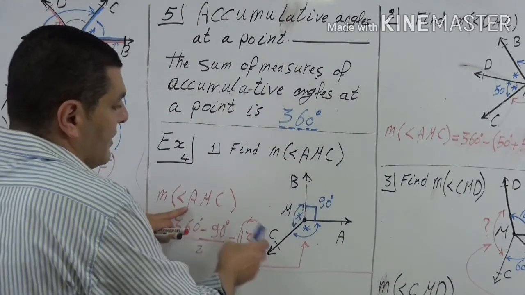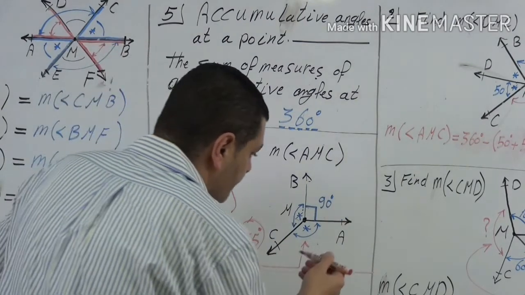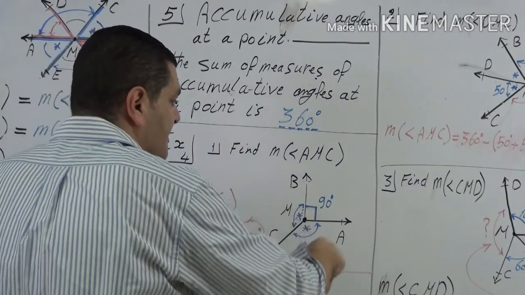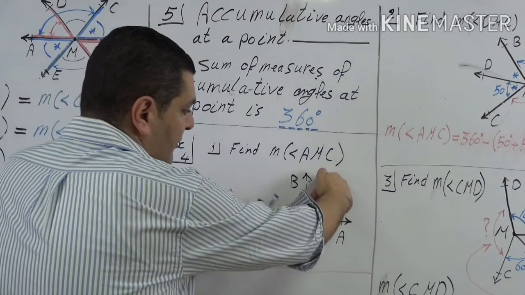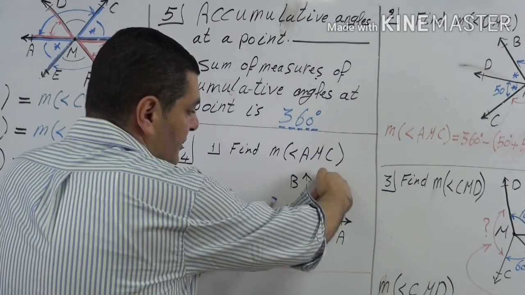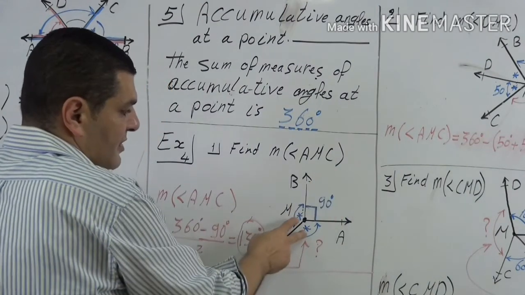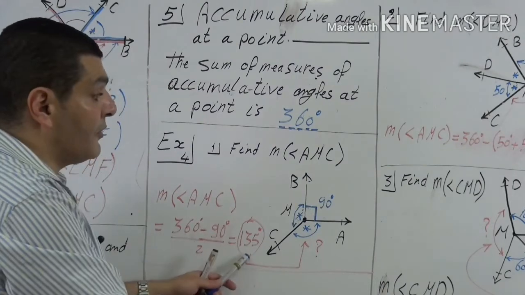Measure of angle AMC, the required one, equal 360 minus 90 and the result divided by 2, since these two angles are equal in measure, as the sign shows this.